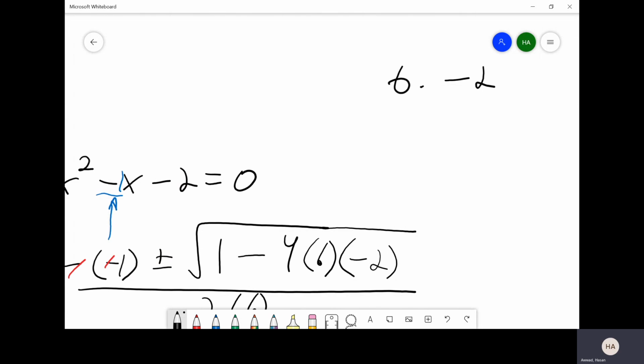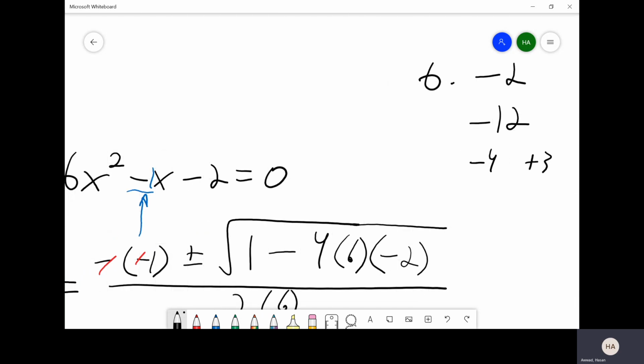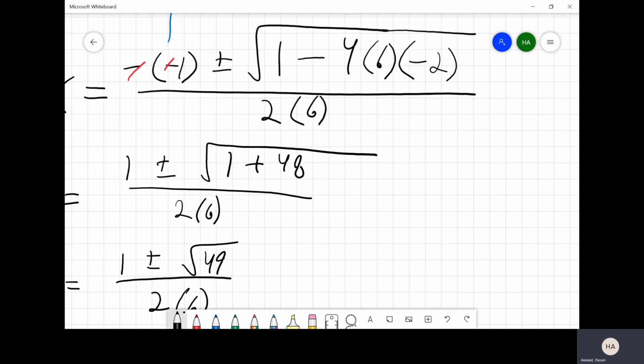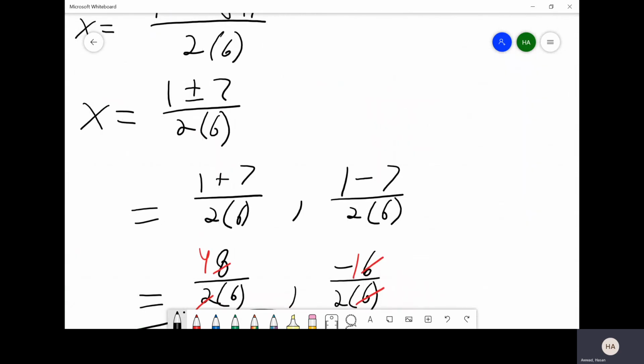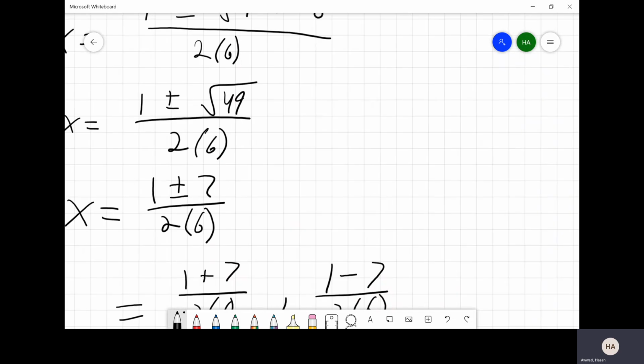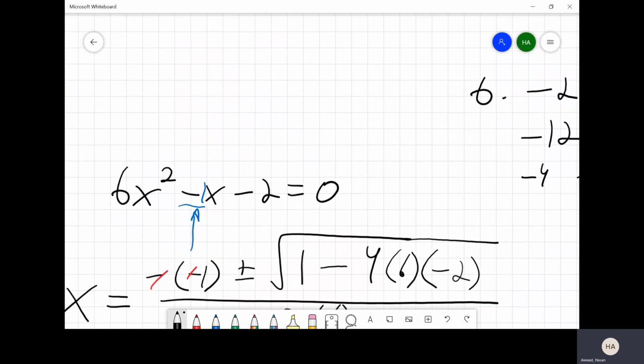Okay, this would give us a negative 12. Negative 12, we have to find numbers such that it gives us a negative 1. So it would be negative 4, positive 3. And then you'd have to go into your grouping steps, right? So this is one where things actually worked out really well, but that's not always going to be the case.